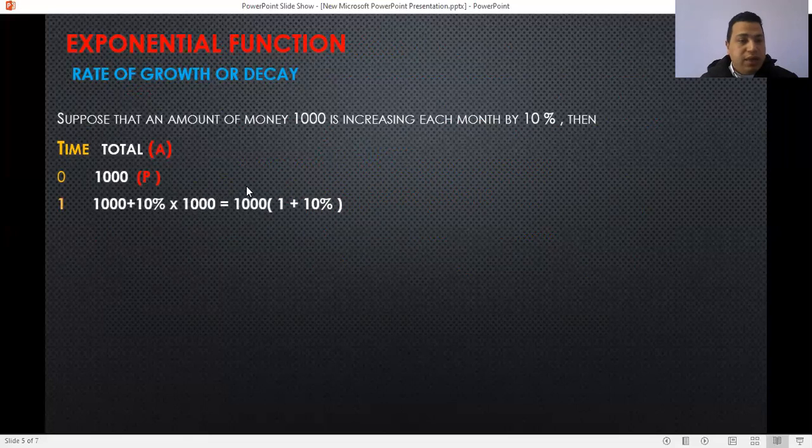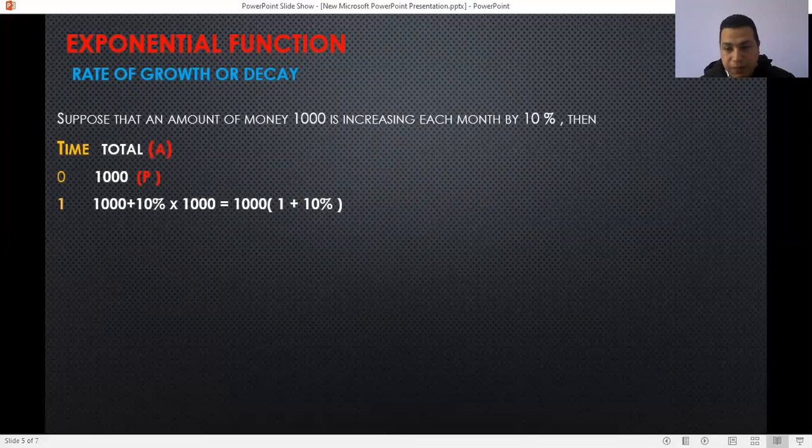After the end of the first month, you will get 1,000 plus 10% of the 1,000. If you factor out 1,000 here, you will get 1,000 times, between 2 parentheses, 1 plus 10%. And you can repeat this equation all the time. This will be the initial amount in the second month, and then I'm going to find 10% of this.